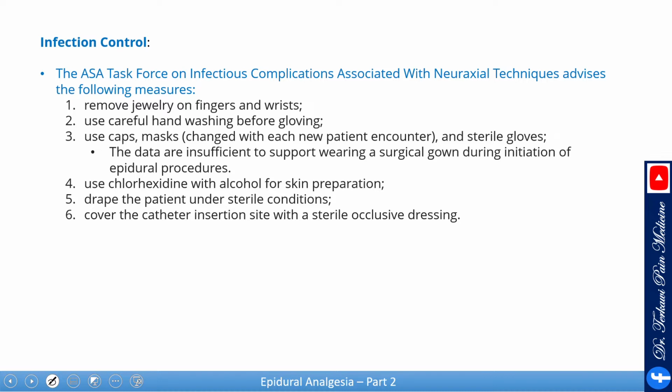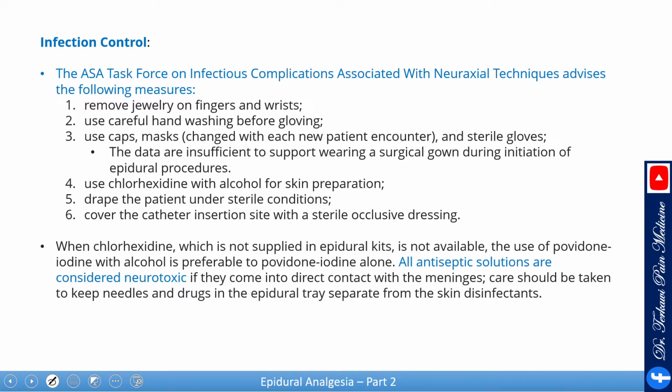Use chlorhexidine with alcohol for skin prep. Drape the patient under sterile condition. Cover the catheter insertion site with a sterile occlusive dressing. When chlorhexidine, which is not supplied in epidural kit, is not available, the use of povidone iodine with alcohol is preferable to povidone iodine alone.